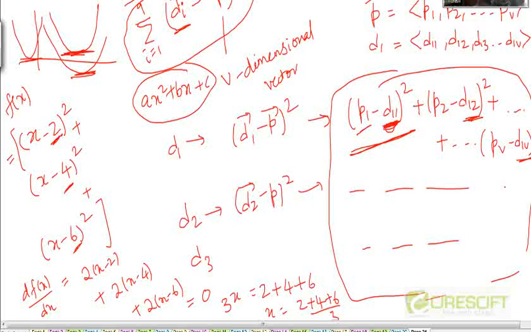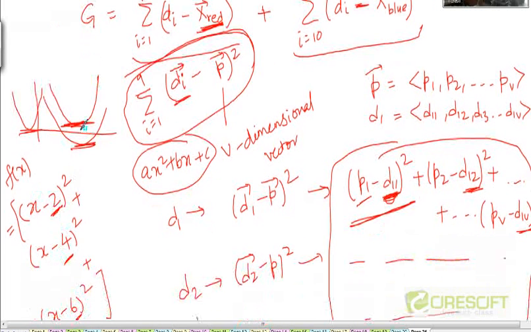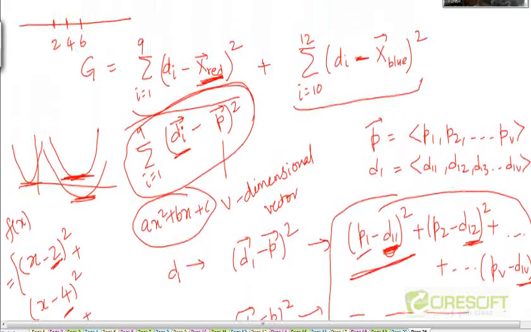So this is analogous to our example, because this is just a one-dimensional example. If you look at the number line, you have 2, 4, and 6. And basically I'm asking you where should x be placed along this number line so that this particular function is minimized. This is like the g, except that we're talking about g in a v-dimensional space instead of along a single dimension.